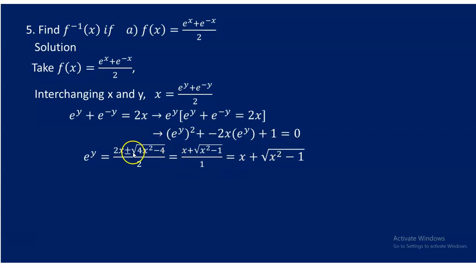So negative b plus or minus the square root of b squared minus 4ac is going to be the numerator, then over 2a. Your a is 1, so 2 times 1 is 2.